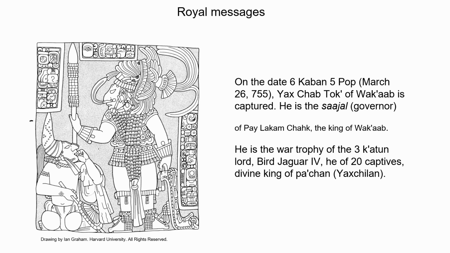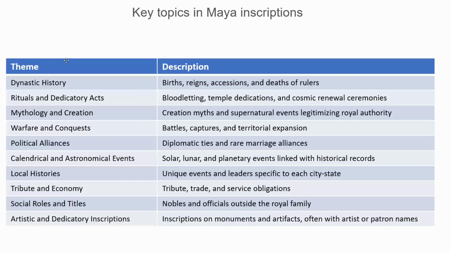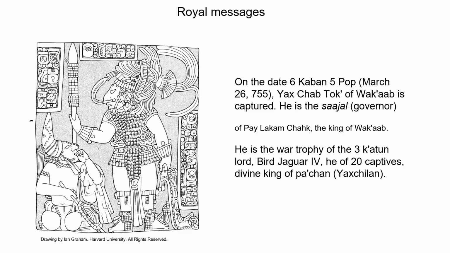This is Lintel 16 from Yaxchilan. It starts here in the black area with the calendar date that I showed you before, with the verb, with a name, and it continues here, and it continues here.